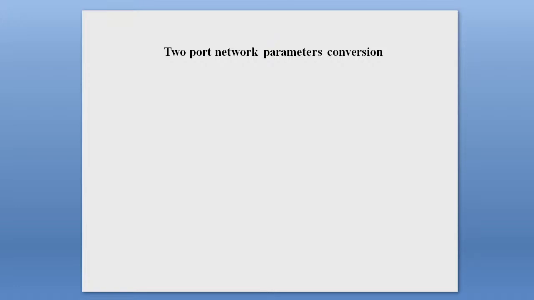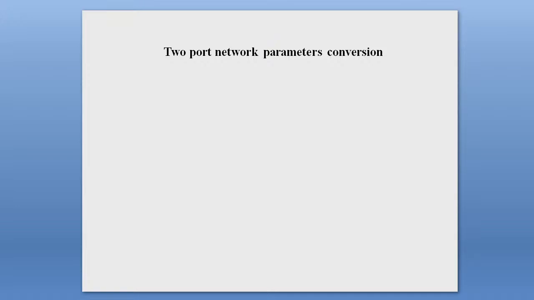You can express the dependent variable in terms of independent variables, and the coefficient of independent variables of the two-port network equation are known as parameters. There are total four sets of parameters: Z parameter or open circuit impedance parameter, Y parameter or short circuit admittance parameter, H parameter or mixed parameter, and last one is transmission parameter or T parameter, also known as ABCD parameter.